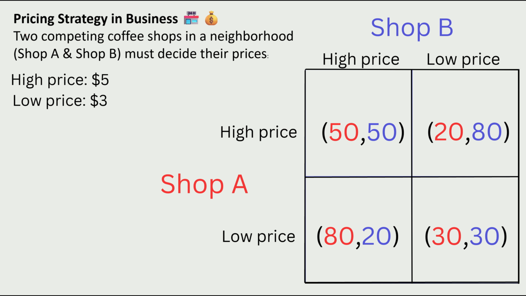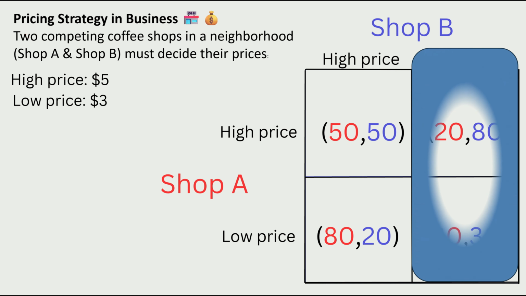If they charge a low price, they're going to have higher revenue because they're going to attract more people. On the right-hand side, the numbers in the matrix represent the revenues. The red numbers represent the revenue for shop A, and the blue numbers represent the revenue for shop B.